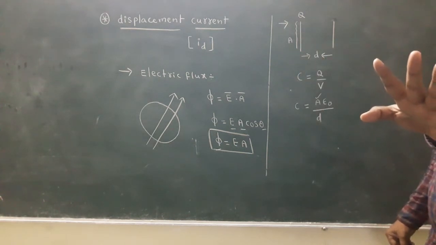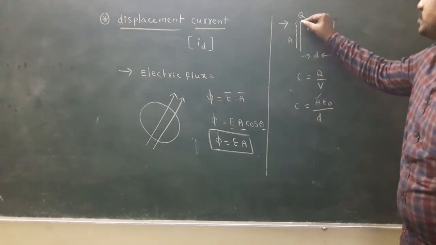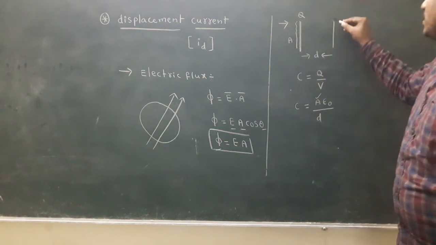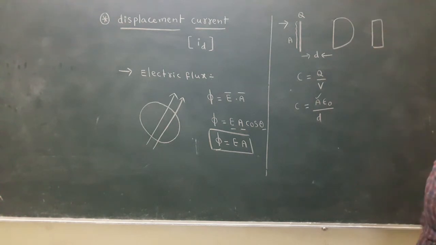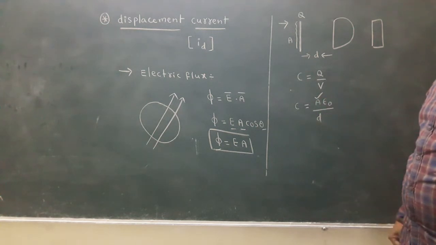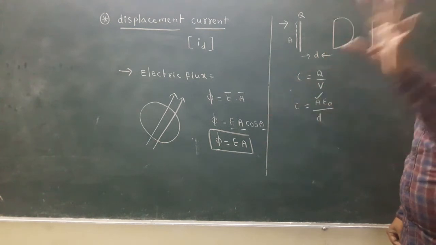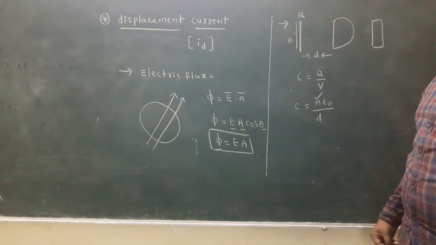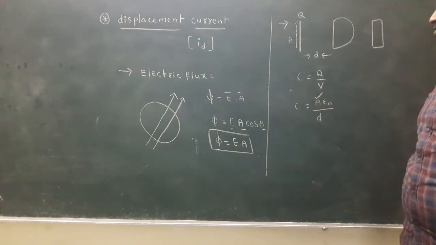Each plate is in the shape of a square or circle. Each plate may be circular, square, or rectangular. For example, if circular, the area of the plate is pi r square. If square, L square. If rectangular, length into breadth, as the area of each plate.